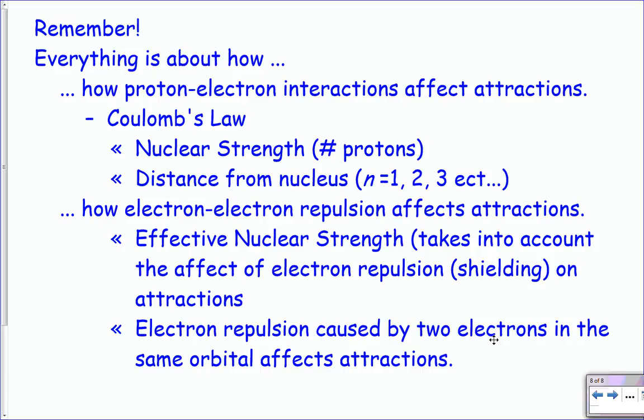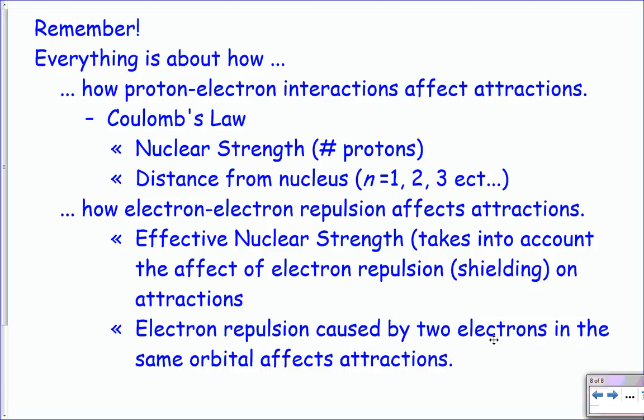And then also remember electron-electron repulsions can play a role here. Effective nuclear strength is looking at the difference between the positive pulling attraction of the nucleus as it is counteracted by the core electron repulsions that occur. And those are electron-electron repulsions that are happening in the inner energy levels. And that helps counteract or literally lessen the attractions between the protons and electrons. And the other thing to think about is electron repulsion that's caused by two electrons in the same orbital and how that affects attractions.